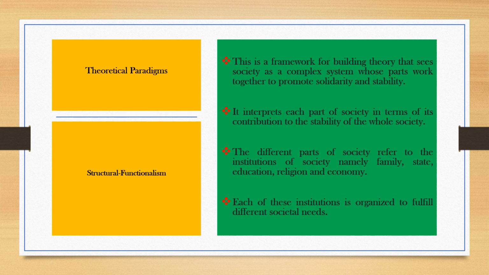So this paradigm is telling us that we need to interpret society in the analogy of the human body, so that society also has parts, or what we call systems. Normally, these systems are developed into institutions, which we call the family, the state, education, religion, and economy.